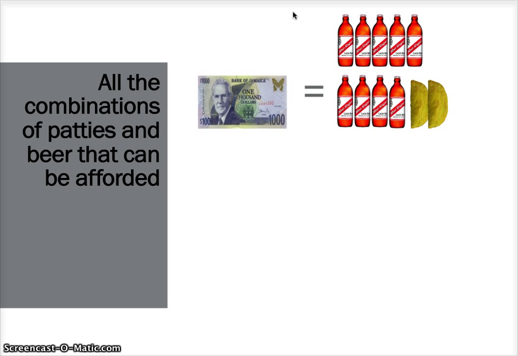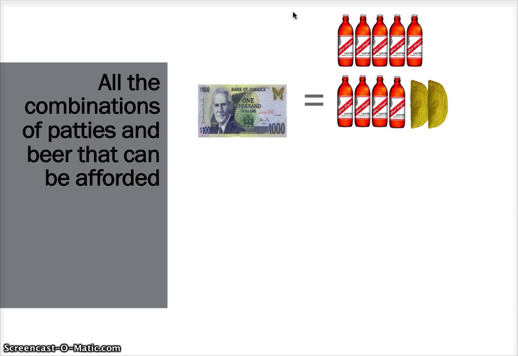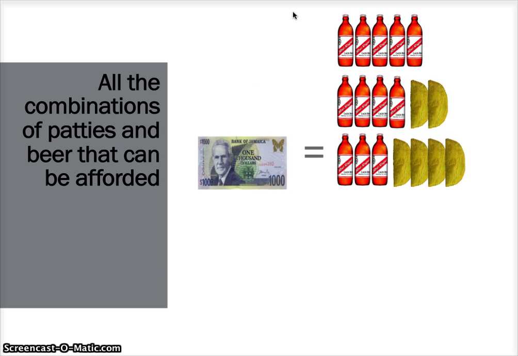If they give up one more beer, they will now have what? 3 beers. 3 times 200, 600. This means they have $400 left over. If this $400 is spent on patties, then the $1,000 would buy them 3 beers, 4 patties.